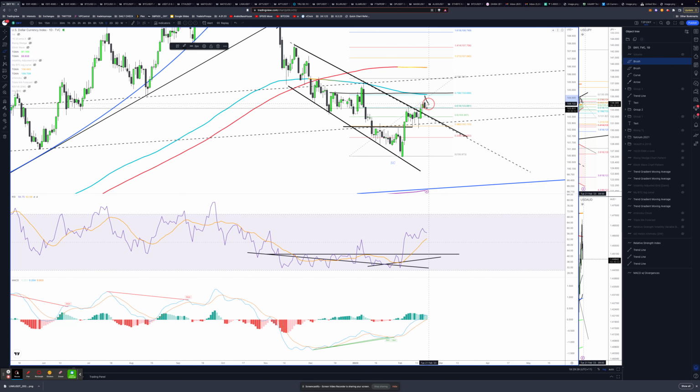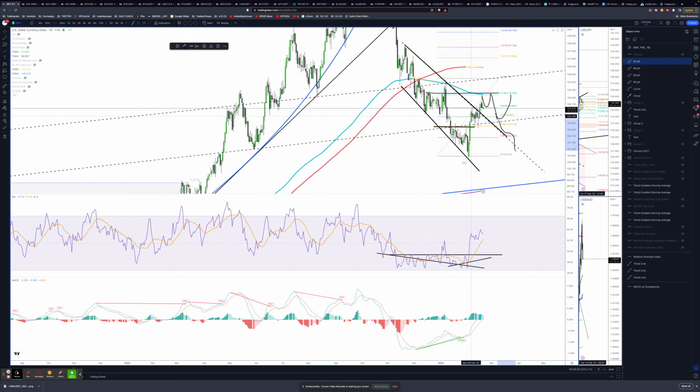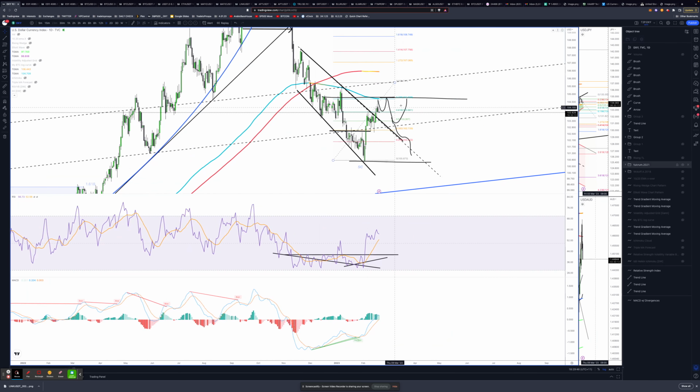It wouldn't surprise me if it makes another attempt. Double top, maybe we'll come back down to this level of support and then maybe further down. But what we have is potentially a range before it makes a decision. And so I don't think there's going to be any quick moves anytime soon. Now, that's the US dollar index.